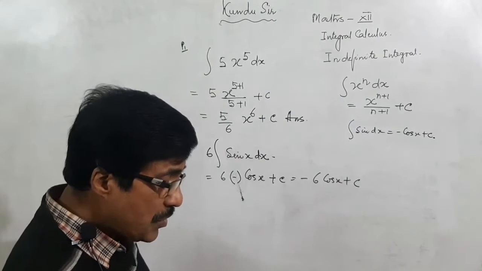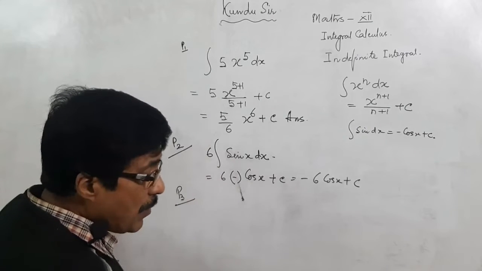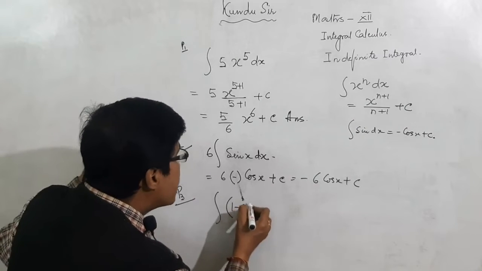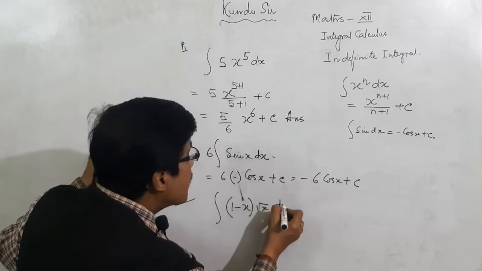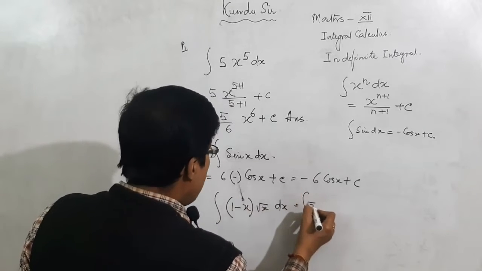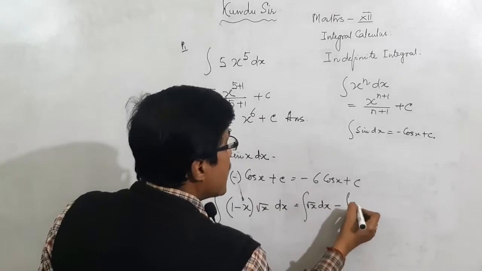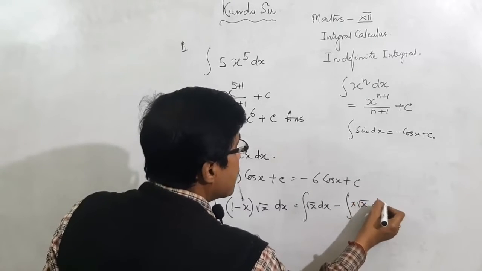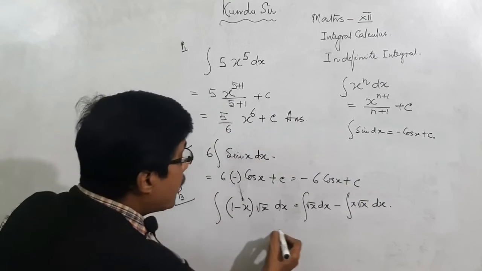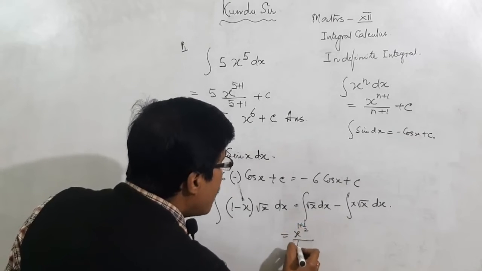Problem number 3 is the integral of 1 minus x into root x dx. It is equal to the integral of root x dx minus the integral of x into root x dx. So the integral of root x is x to the power 1 plus half upon 1 plus half.